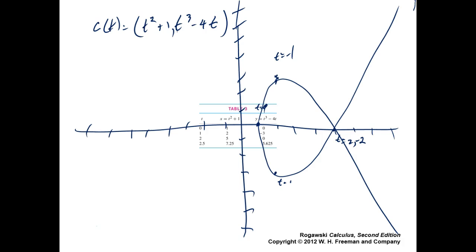For t equal to 2.5, that's 7.25 for the x value, and 5.6 for y. It would be up here.